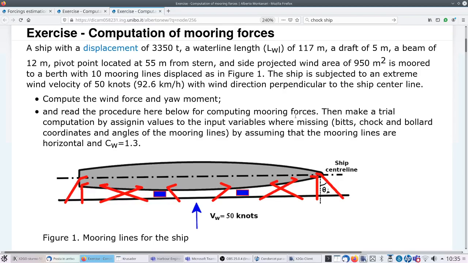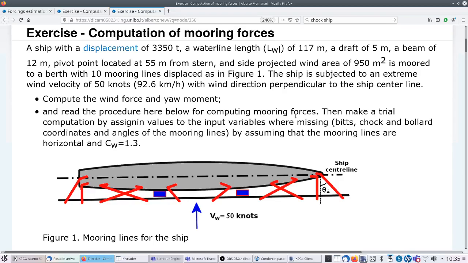Now there is a second question suggested. Read the procedure below for computing mooring forces, then make a trial computation by assigning values to the input variables. There is a spelling error here, a G is missing.